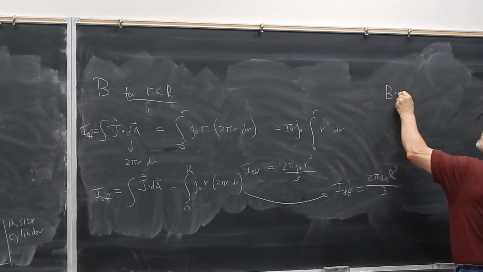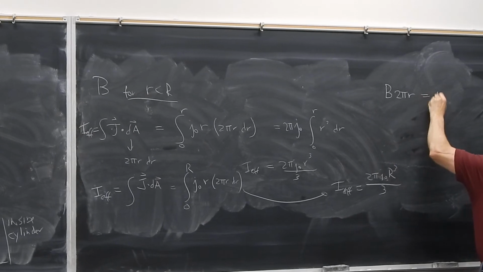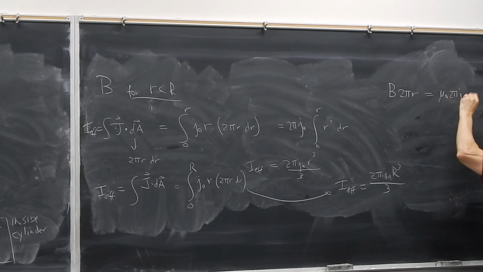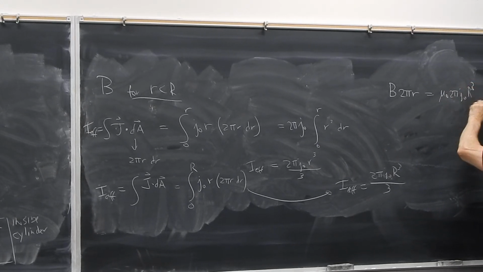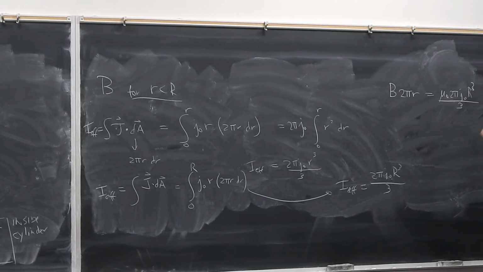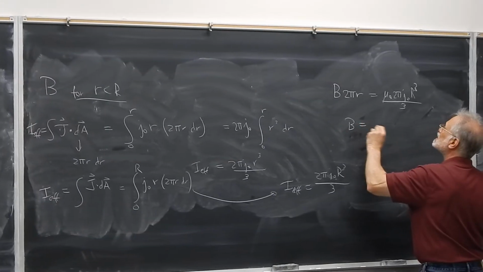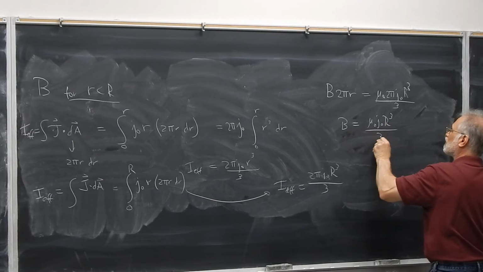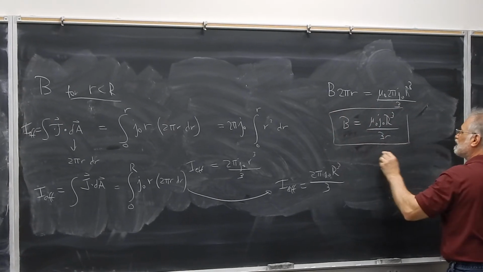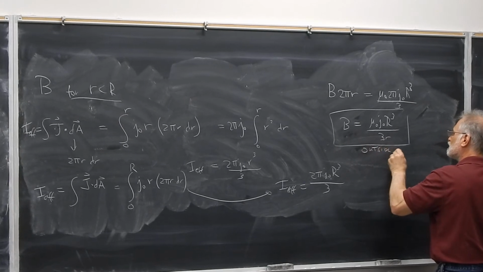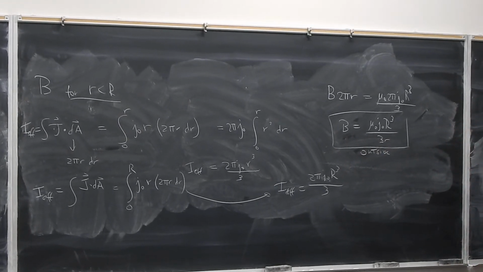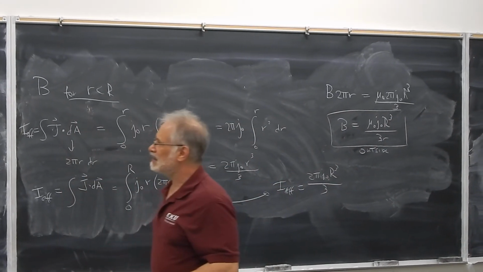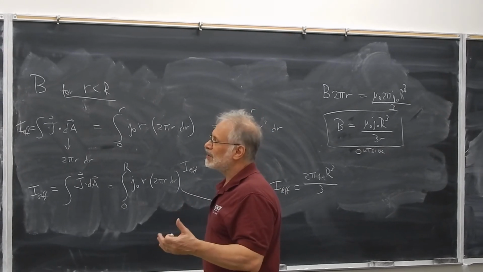B times 2 pi r, as we had before, is equal to mu naught times 2 pi J naught R cubed over 3. Notice in this case, I have both big R's and little r's, and so B is equal to mu naught J naught capital R cubed over 3 little r. And that's going to be the magnetic field outside. And so that's a really nice example of how to calculate magnetic fields for non-uniform currents.